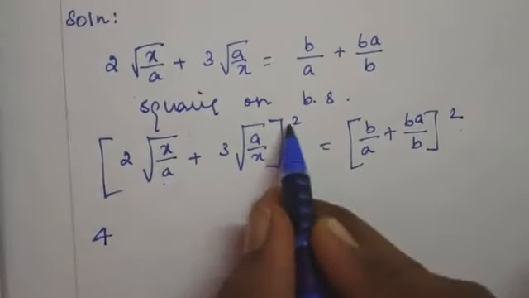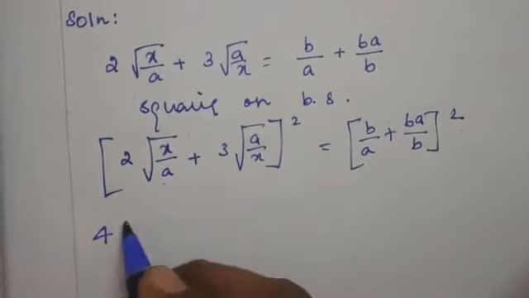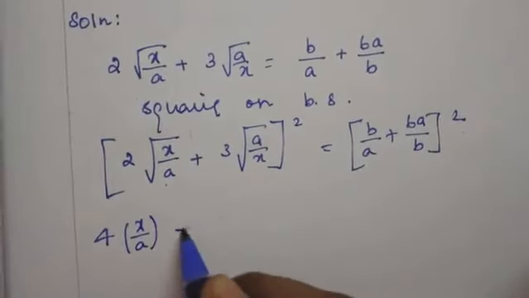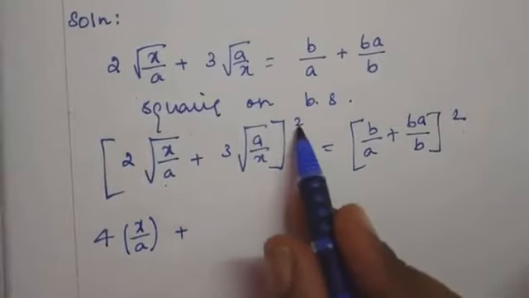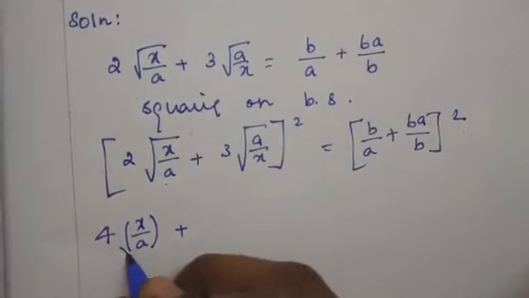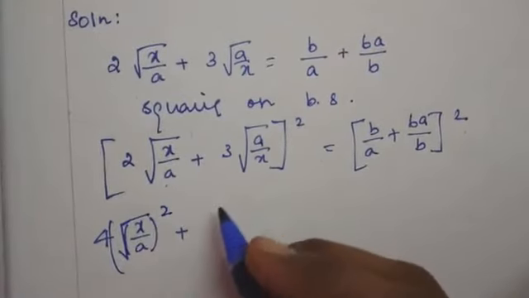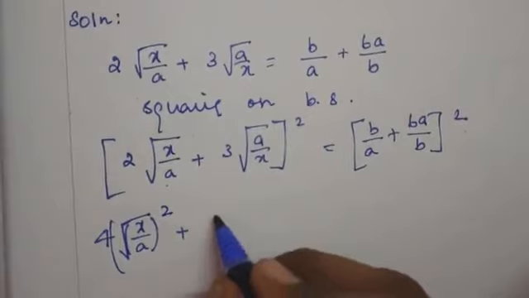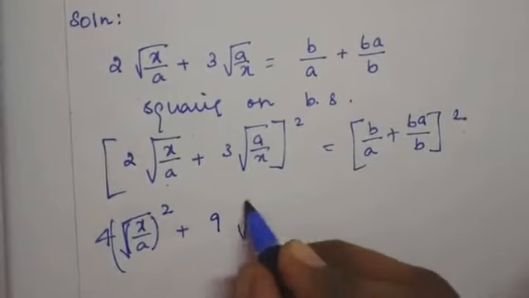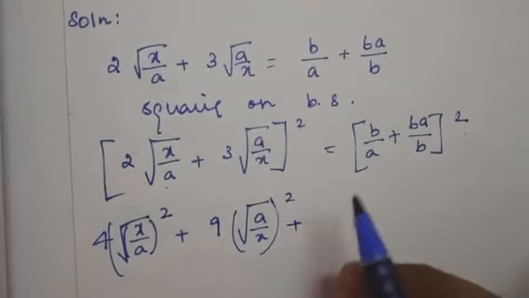Root of x by a the whole square is x by a plus 3 square. 3 square is, or else I will write this as root of x the whole square. Here it will be 3 square 9 root of a by x the whole square plus 2 into ab.